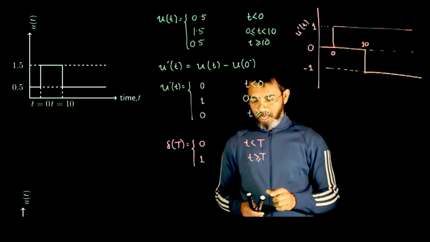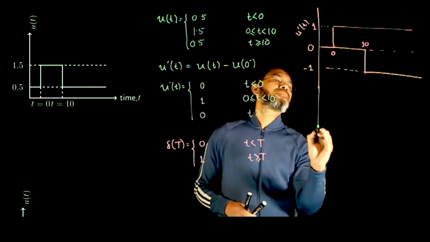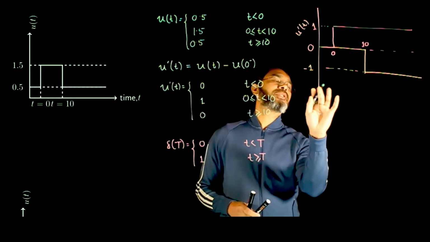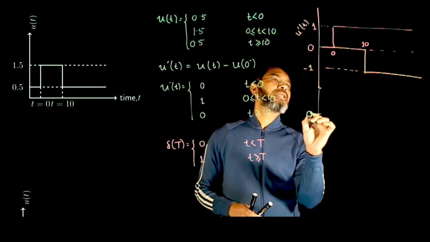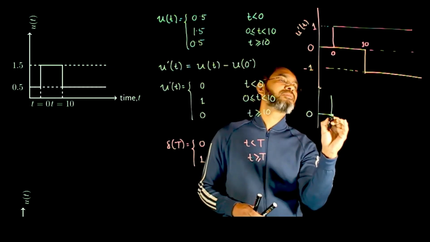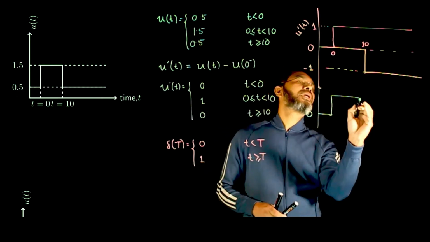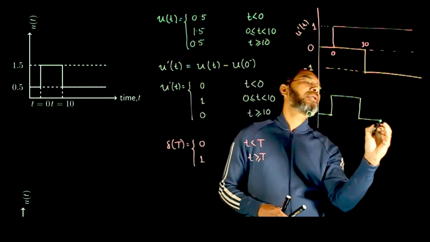So for the original signal, if this is the 0 value, at 0 it becomes 1 and continues at 1. If we add these two, we have something like this.